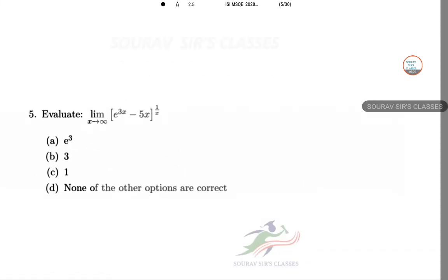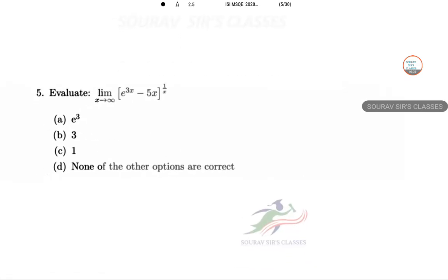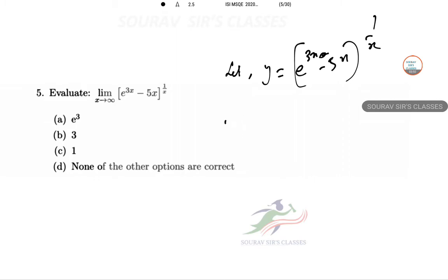Next, there is a limiting question. Evaluate limit x tends to infinity of e to the power 3x minus 5x, whole to the power 1 by x. It's a direct question, not much of a problem. So let y equal to (e to the power 3x minus 5x) whole to the power 1 by x. So log y equals 1 by x log of e to the power 3x minus 5x.